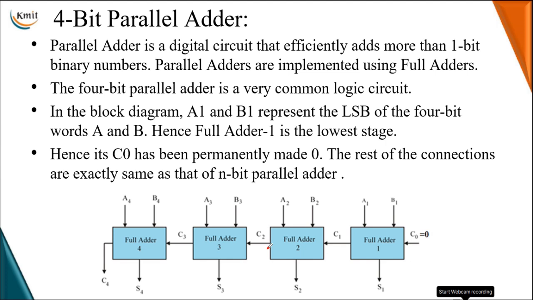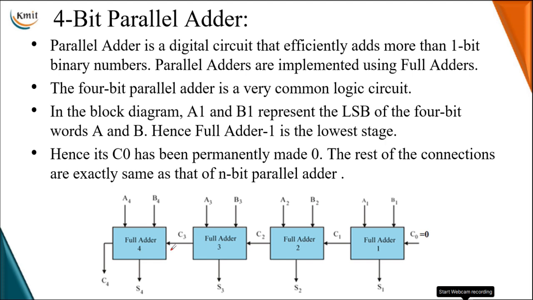So like this, by transferring the carry outputs of the previous stage as the carry input, we use the cascading method and construct the 4-bit parallel adder. Each full adder gives you the summation output S1, S2, S3, S4, and also the carry output C1, C2, C3, C4.